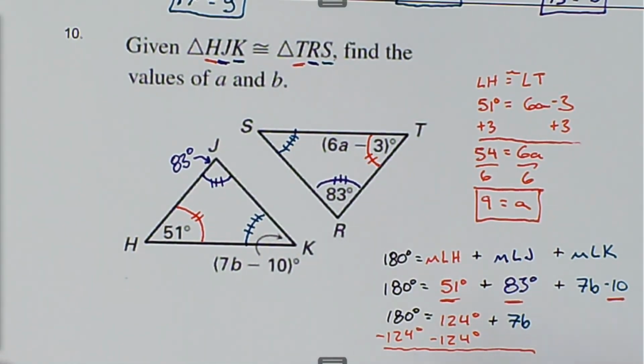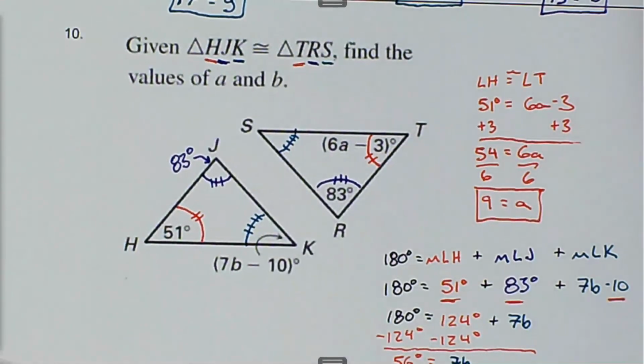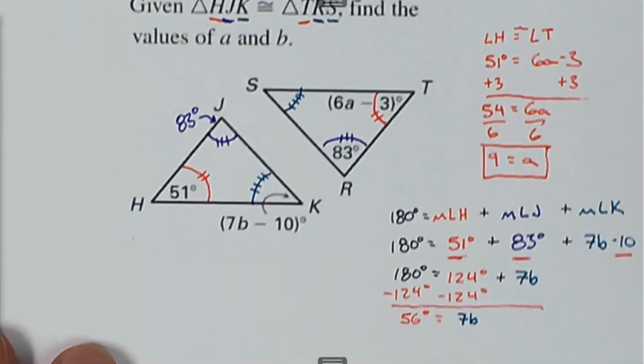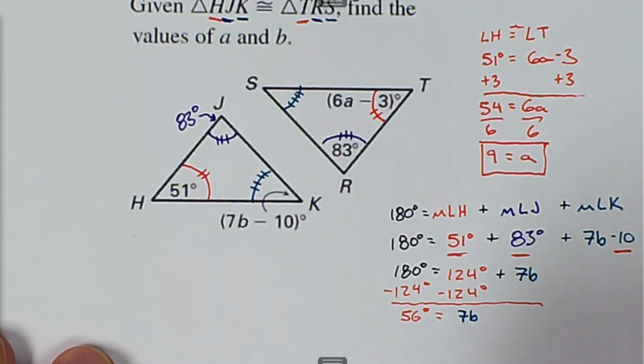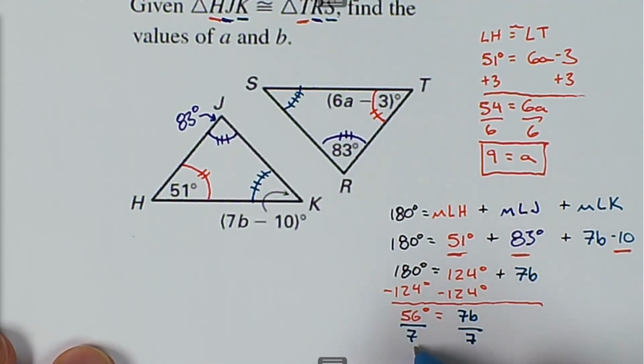And then we get 56 degrees, and that is equal to 7b. And then we want to divide both sides by 7. And then we get 8 is equal to b.